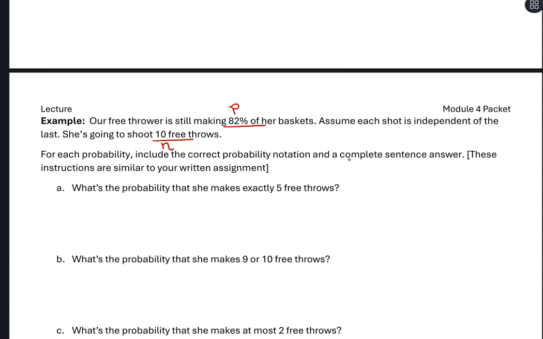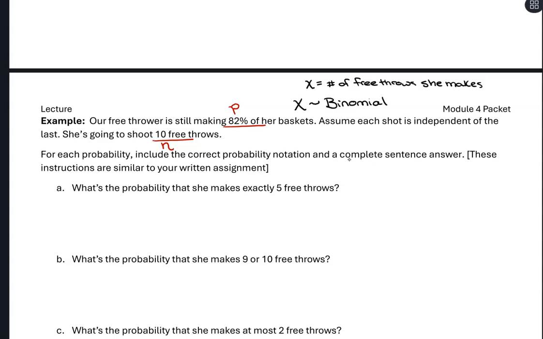So if I wanted to define this distribution, X would represent the number of free throws she makes. So it'd be like the number of successes. And then our distribution says this number of free throws that she makes is defined by a binomial distribution.